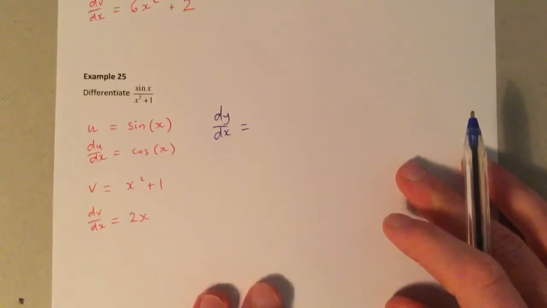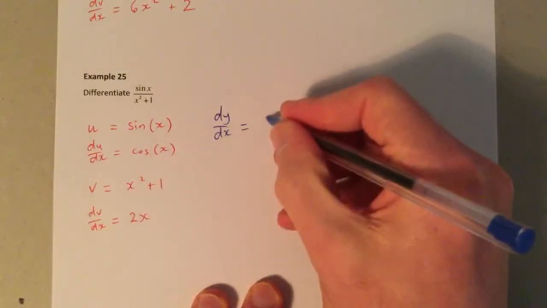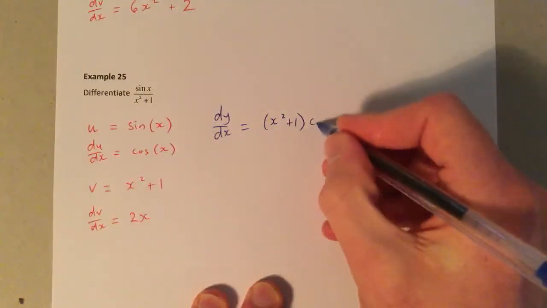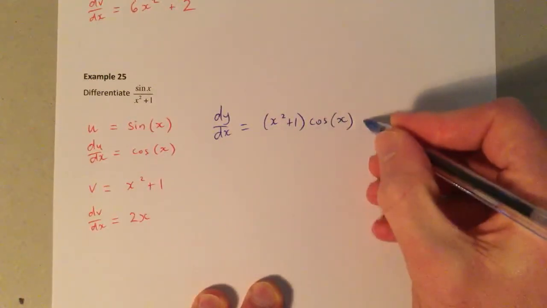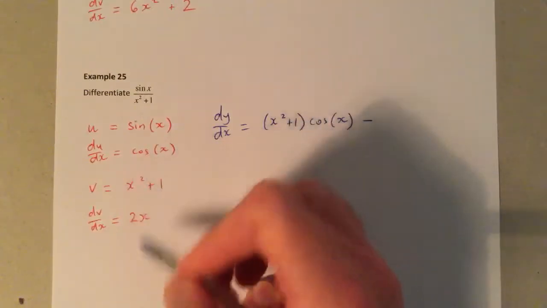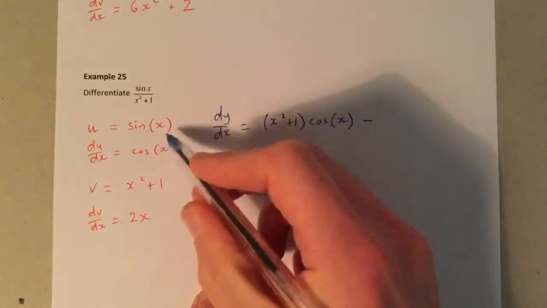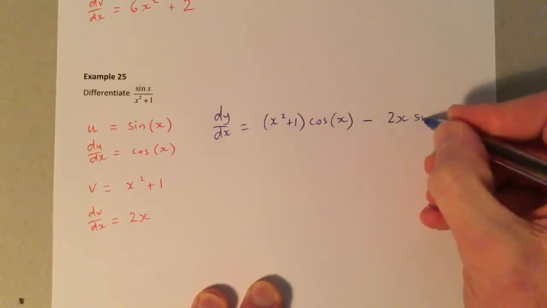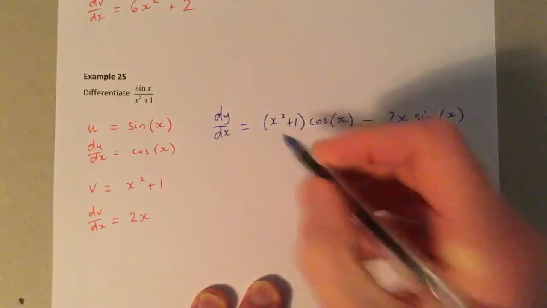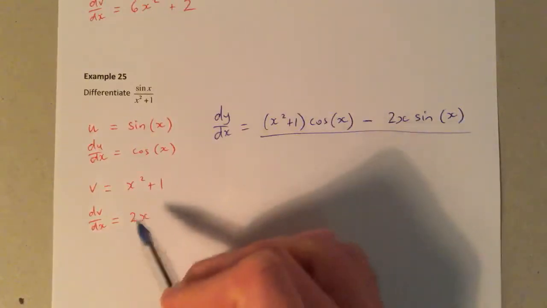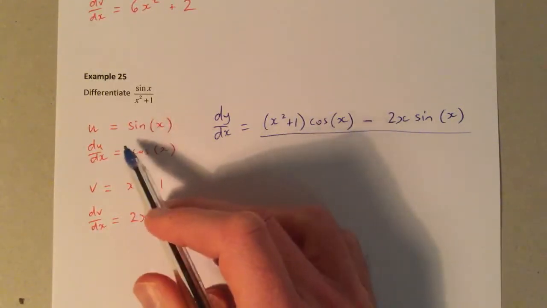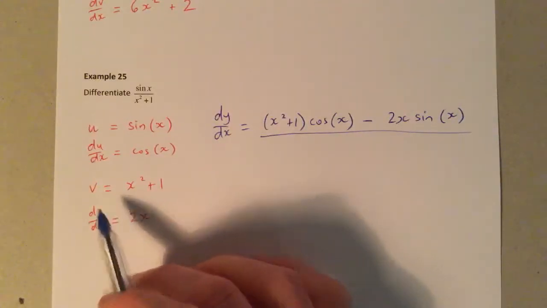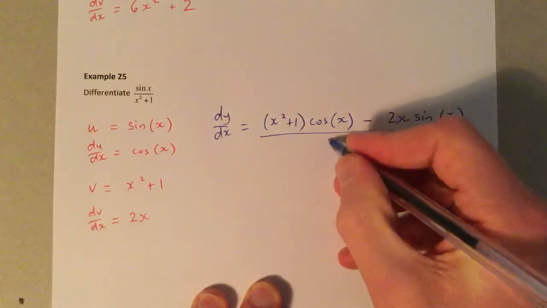So v, which is x squared plus 1, times du dx, which is cos x, minus u times dv dx, so sine x times 2x, and I'm going to put the 2x first, so 2x sine x, and all of that is divided by u squared, sorry, v squared, there you go, just to prove my point, I'm mucking up the quotient rule, v squared, which is x squared plus 1 all squared.